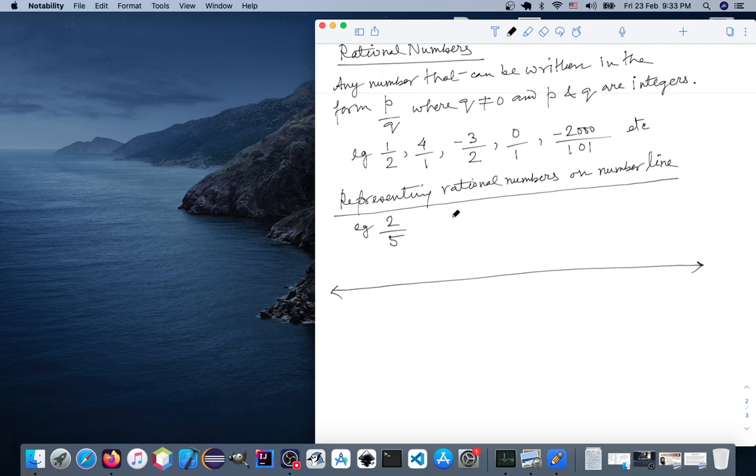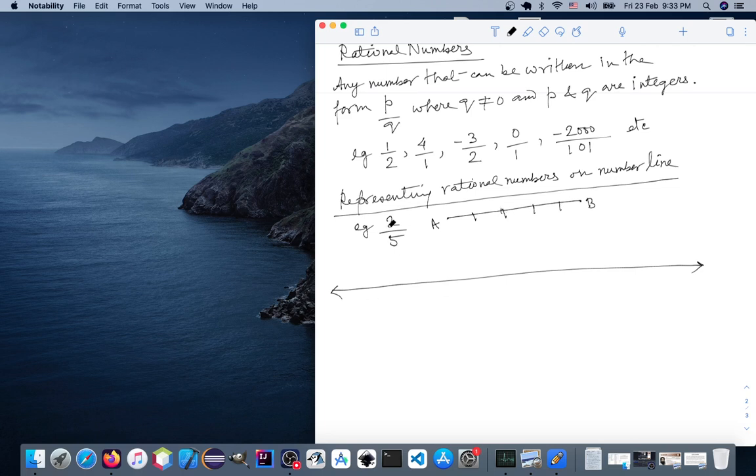This means, let's say this is a unit distance A, B. This is a distance of unit length. If I divide this unit length into 5 equal parts, why 5? Because 5 is in the denominator, 5 equal parts. Let's say 1, 2, 3, 4, 5, 5 equal parts.